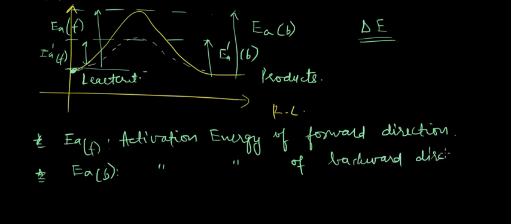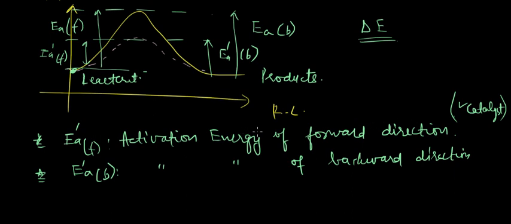These are in absence of catalyst. If I write EA dash F and EA dash B, then it would be in presence of catalyst.